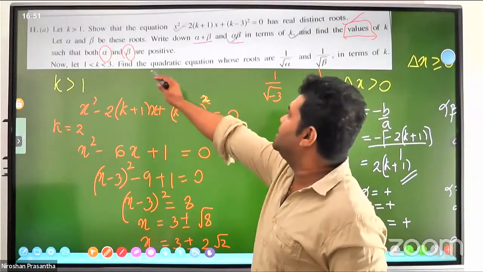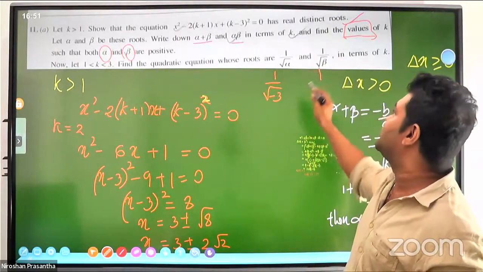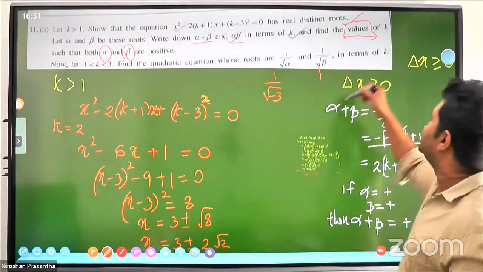Find the quadratic equation whose roots are 1 over root alpha and 1 over root beta in terms of k.